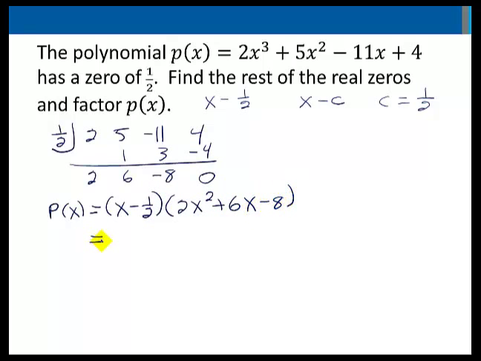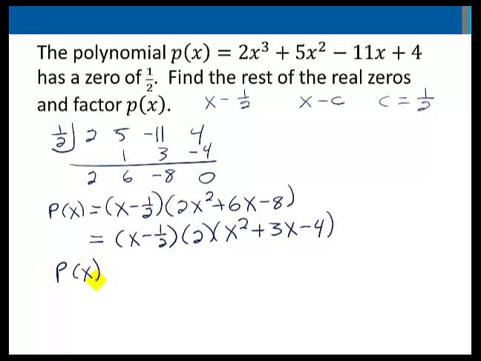2x squared plus 6x minus 8 factors further into 2 times x squared plus 3x minus 4. And x squared plus 3x minus 4 factors further into x plus 4 times x minus 1.